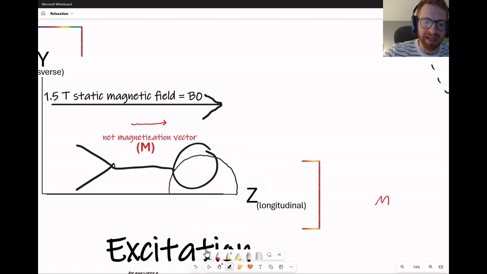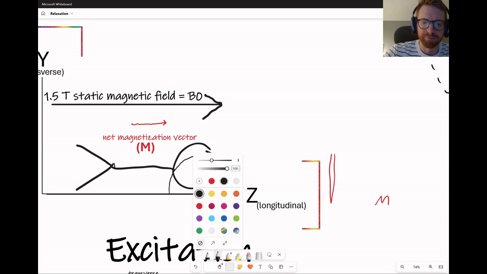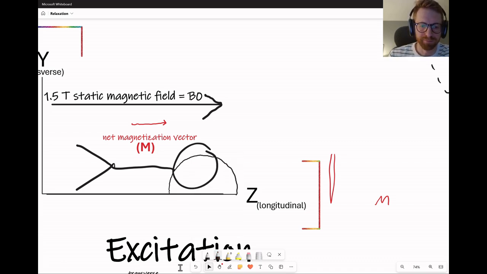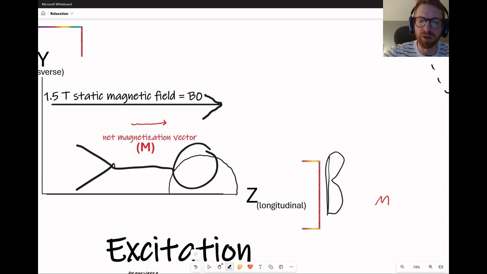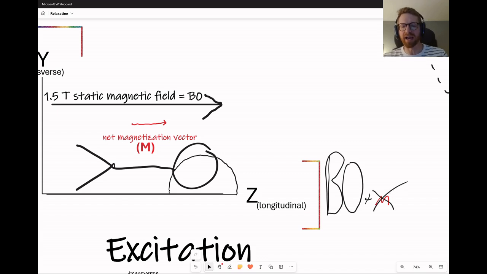We're going to measure any magnetic field that's in that plane. And B naught is millions of times stronger than M. So if we were to try to measure M, essentially all we're going to measure is B naught. It's going to overwhelm M. So that's not going to work. So we have to do something else.